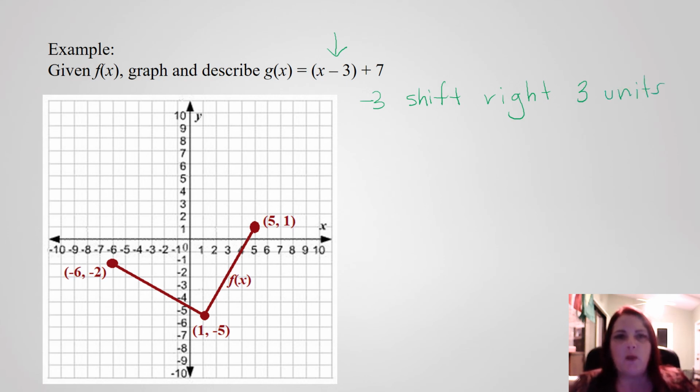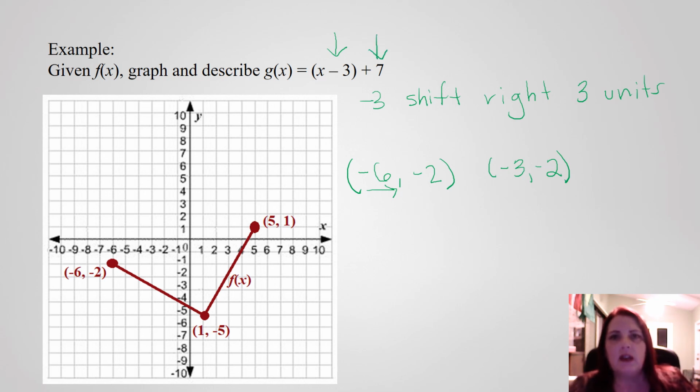Well, if I have a point negative 6, negative 2, that means I am going to move that 6 three units to the right. So it's going to become negative 3, negative 2. But I also have a plus 7, and that plus 7 is my vertical shift, and it's going to move it up.